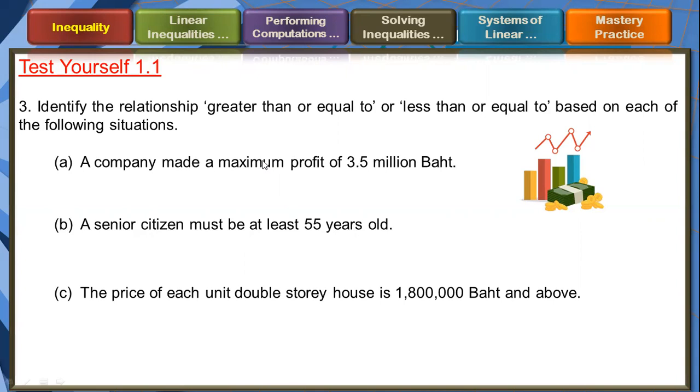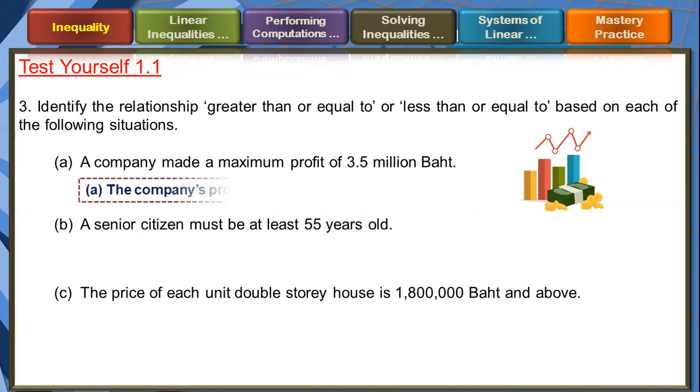Maximum means the highest amount, or that's the peak amount. B, a senior citizen must be at least 55 years old. And C, the price of each unit double-story house is 1,800,000 baht and above.